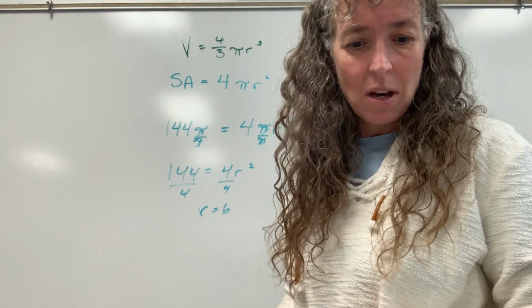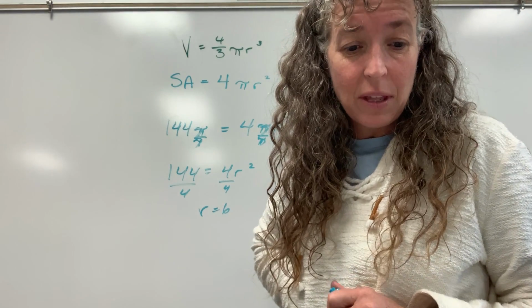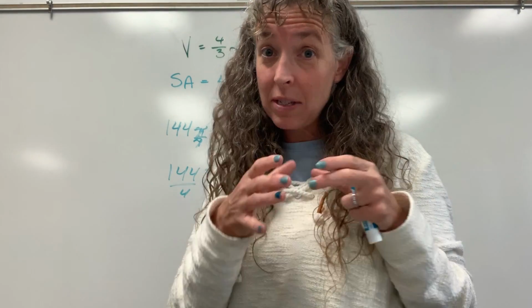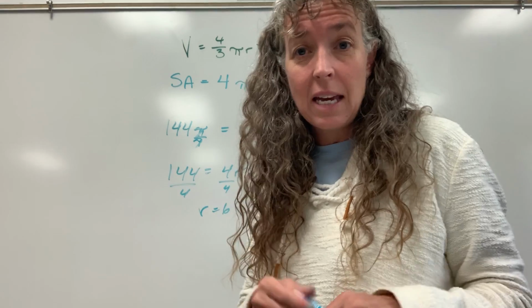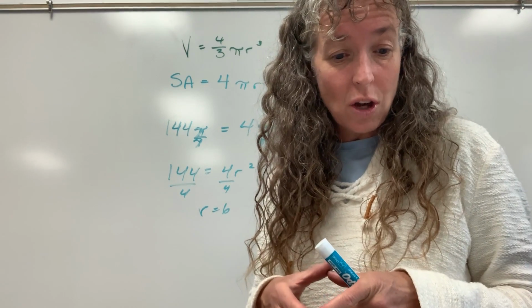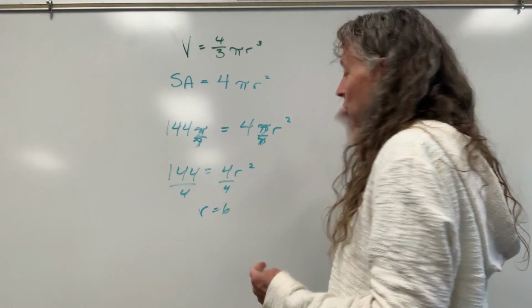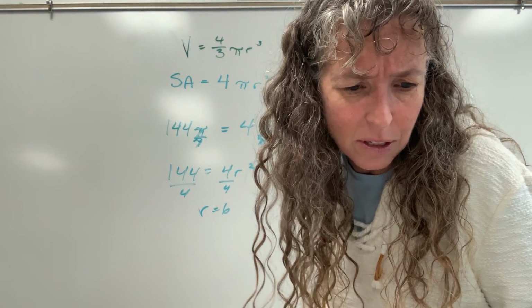Okay? All right, so C says the surface area of a sphere with a great circle that has an area of 4 pi. Okay, the great circle, remember, is that circle in the middle, all right? So the area of a circle is pi r squared, right? So we would just take the pi r squared for the area of the circle, because we're just talking about one individual circle right now. And we know it told us it was 4 pi.